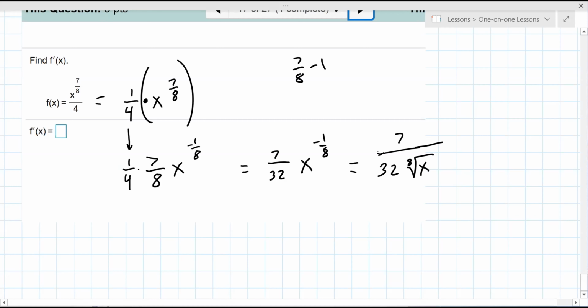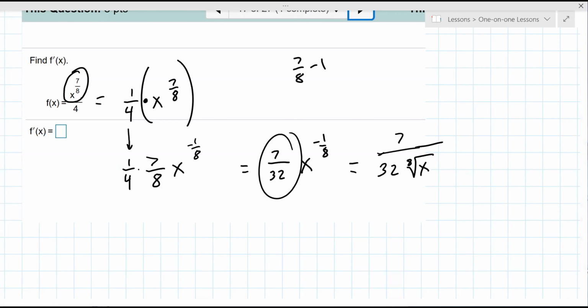You could always put this part that I circled into the calculator and know that you have to multiply it by a fourth, but you might also get a decimal. You might get 0.875 x to the -0.125.